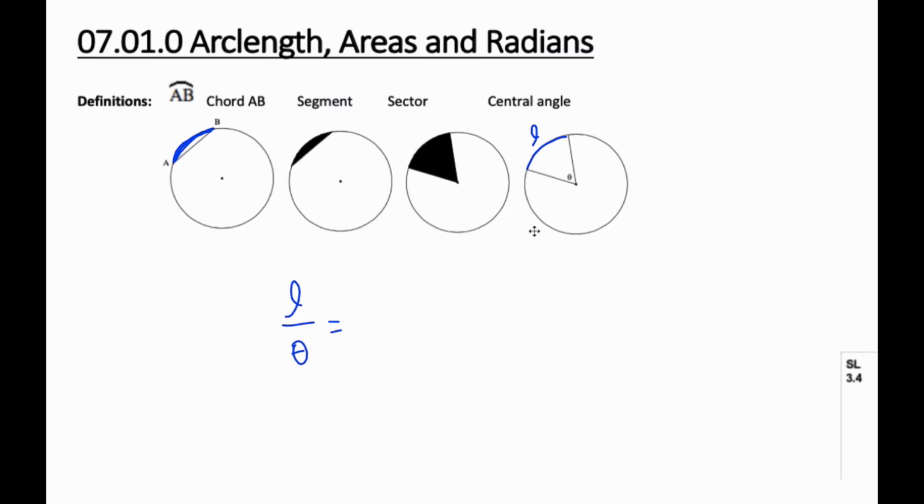The whole circumference is 2 pi r, and the entire circle is 360. So this is a proportion that I can set up quite nicely.